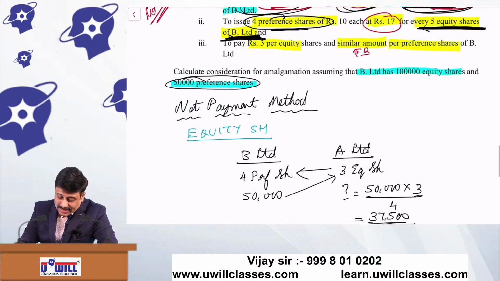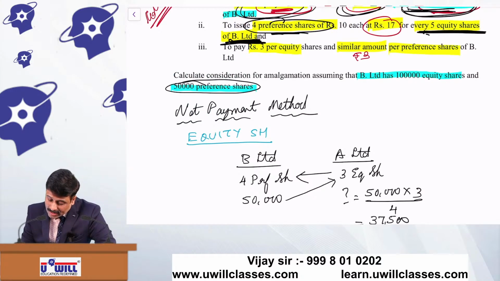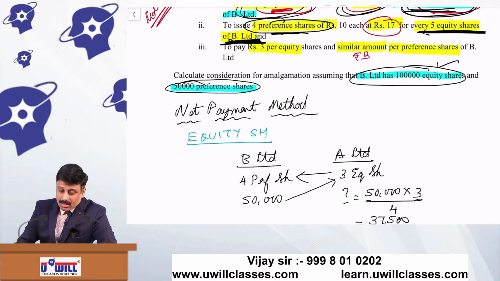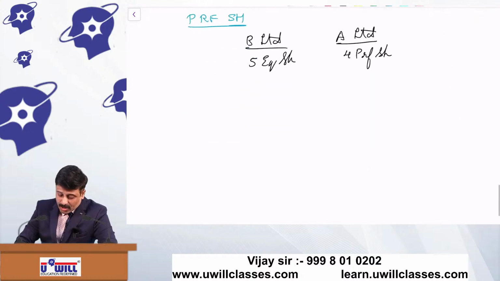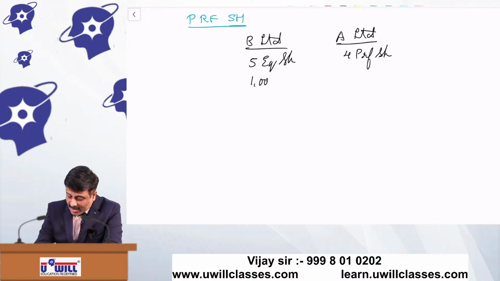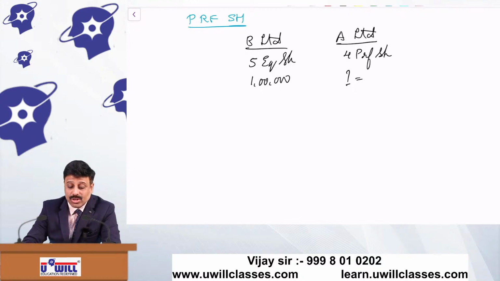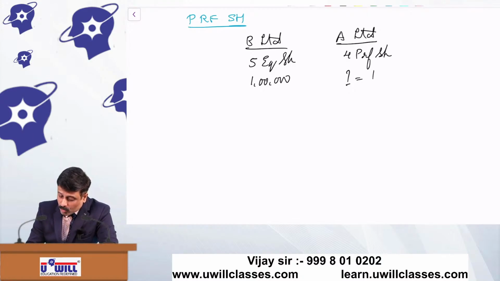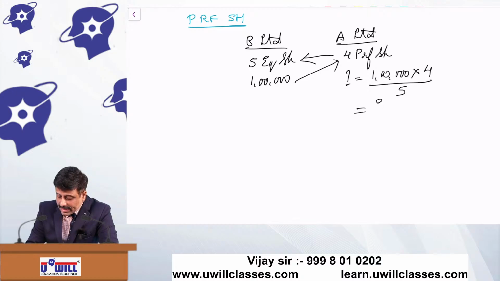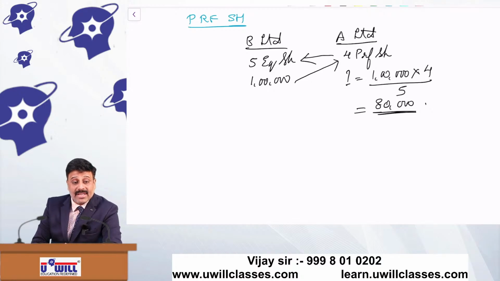Now see the last sentence. How many equity shares are there in B Limited's books? 1 lakh equity shares. So for 1 lakh equity shares, they'll get how many preference shares in the books of A Limited? 1 lakh into 4, divided by 5, that is 80,000. So preference shares will be given 80,000.